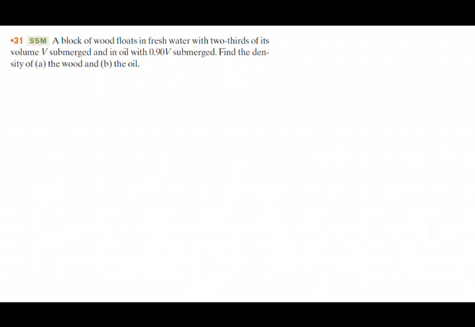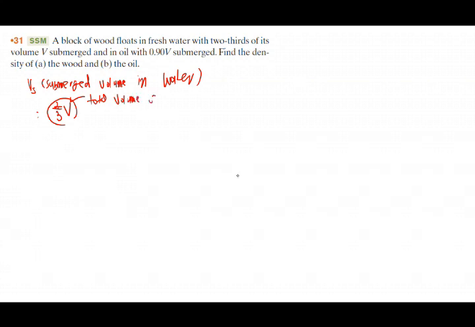So you express that submerged portion in the water: that is about 66% of the total volume of the wood in the water. In water, that is 2/3 V, where V is the total volume of the block.